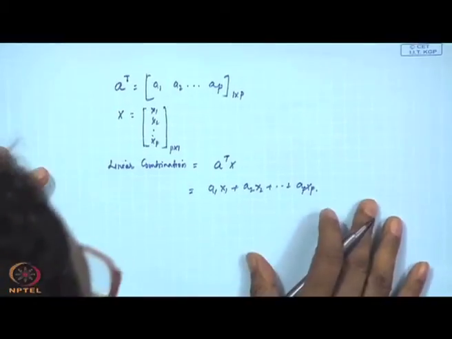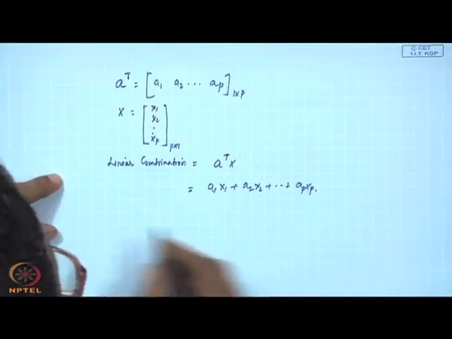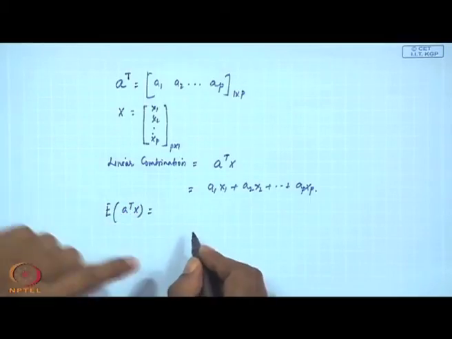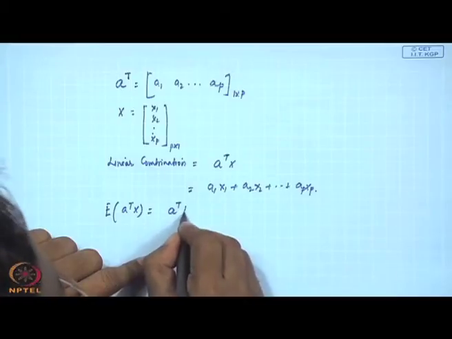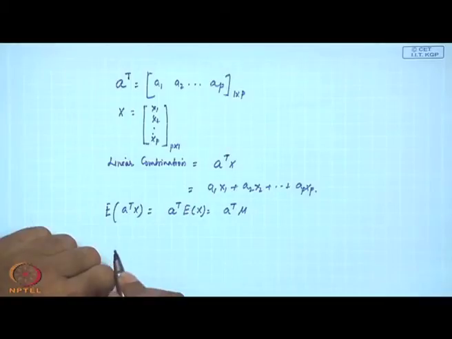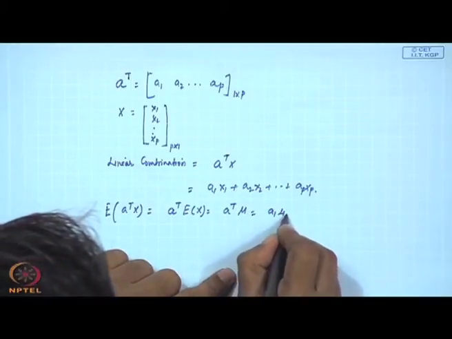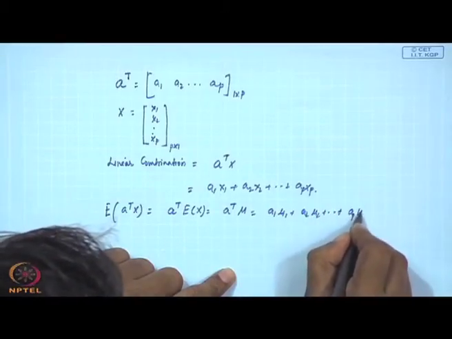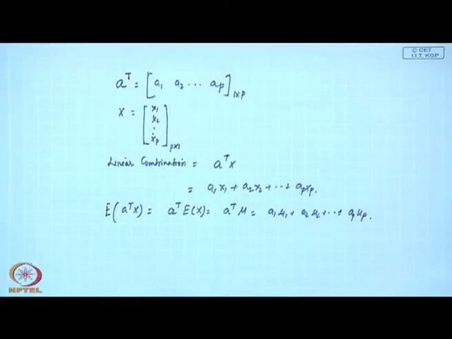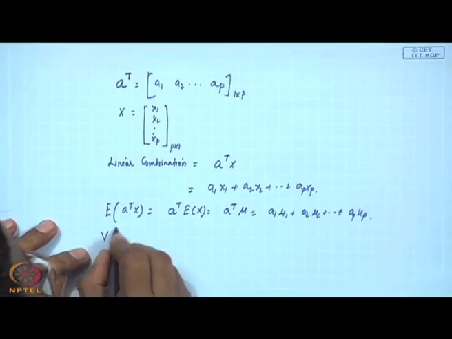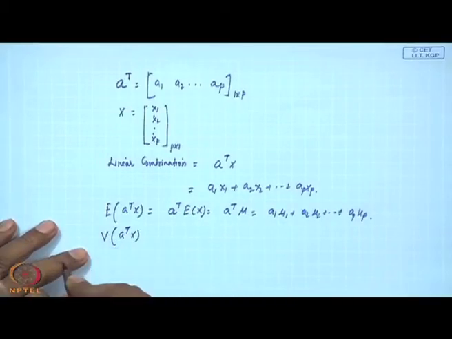What this property says is, what will be the expected value of A transpose x? It will be A transpose times the expected value of x, which is A transpose mu. This is nothing but a1 mu 1, a2 mu 2, ap mu p. And what will be the variance of A transpose x?